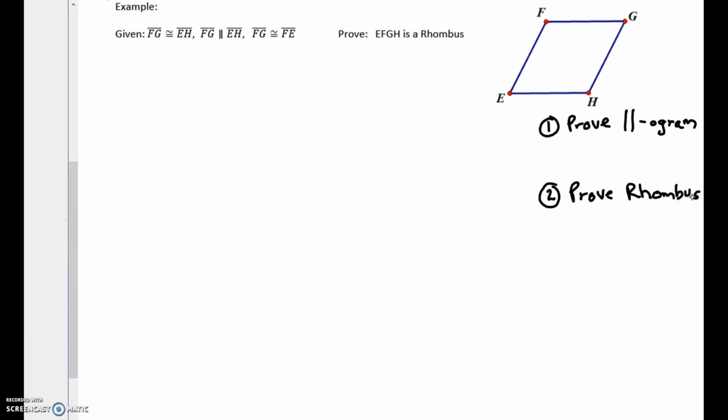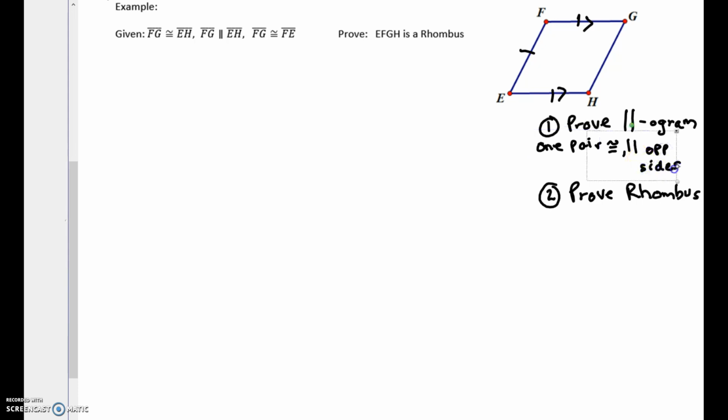Let's look at what they give us. They give us FG is congruent to EH, FG is parallel to EH, and that FG is congruent to FE. I'm going to be able to prove that this thing is a parallelogram because I have one pair of congruent, parallel, opposite sides.